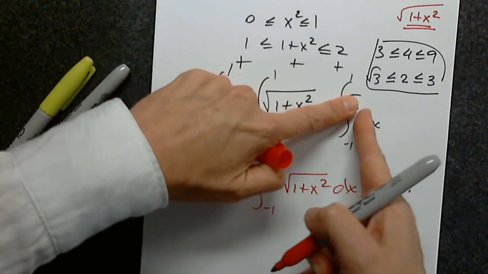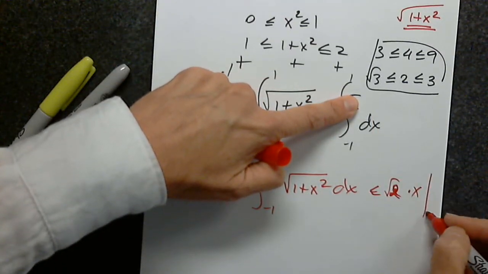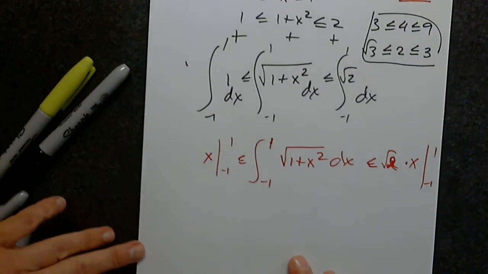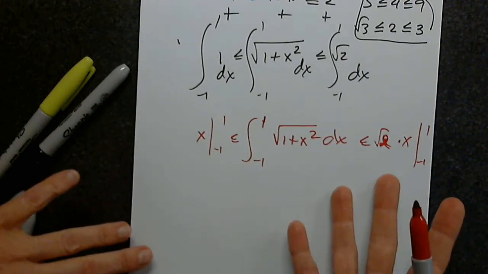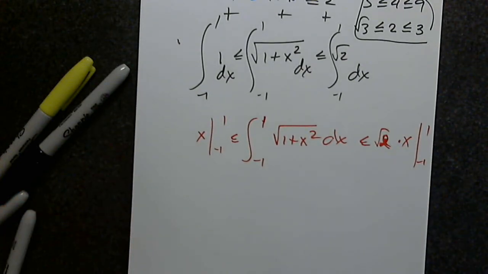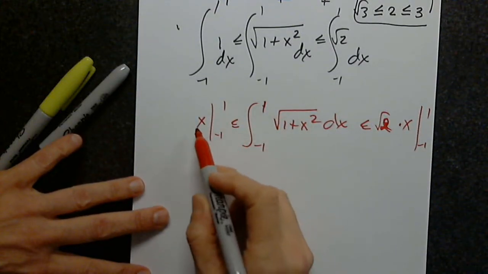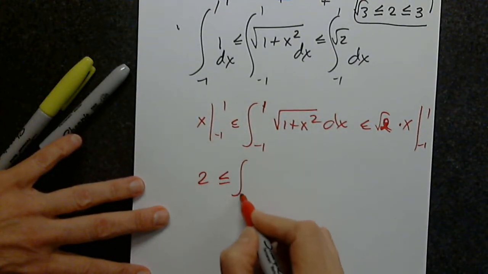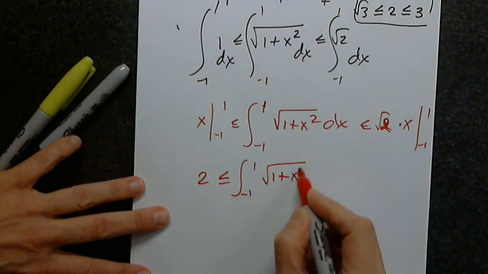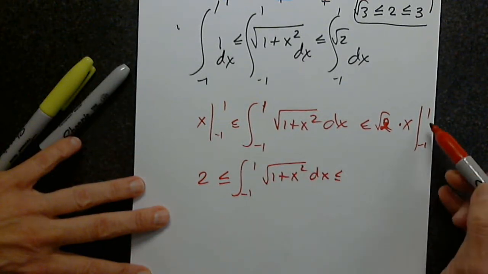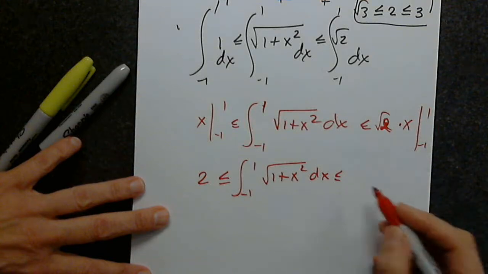There is 1 here. It cannot be 0. x from -1 to 1. I don't have to do this because I know m times b minus a, right? But let's say we forgot. So I plug in 1 minus when I plug in -1.